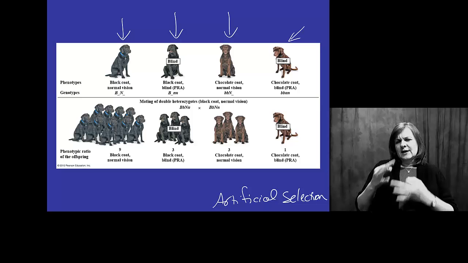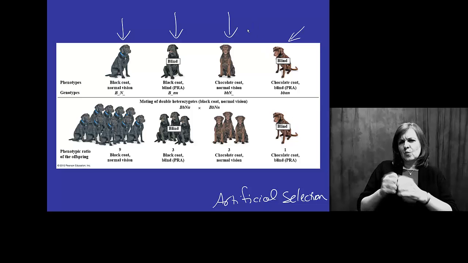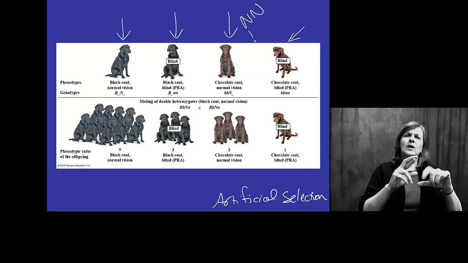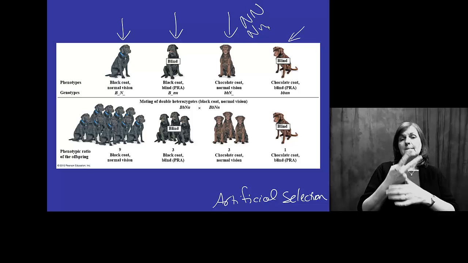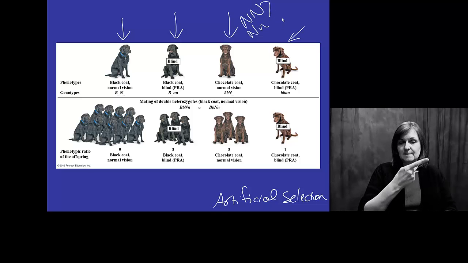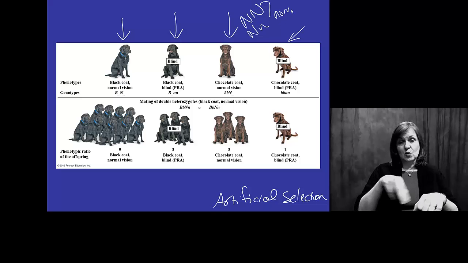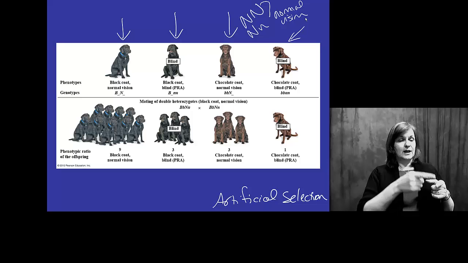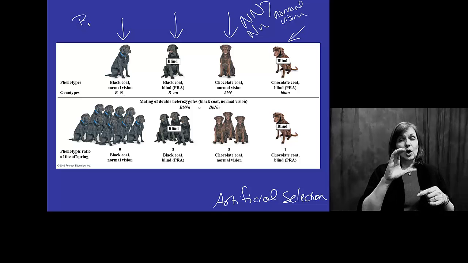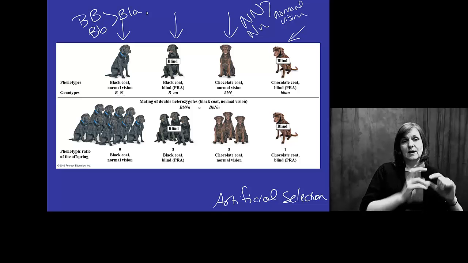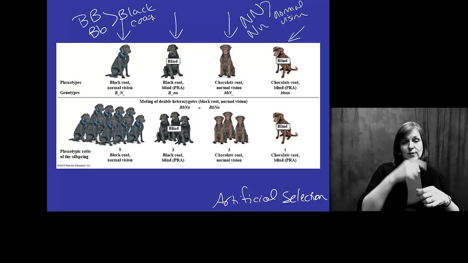So what he didn't know was if this chocolate lab with normal vision was big N, or big N, little n, because remember, both of those genotypes will give you the same phenotype. This will both be normal vision, right? Black coat could be big B, or big B, little b, both of which will give you a black coat color in this case.